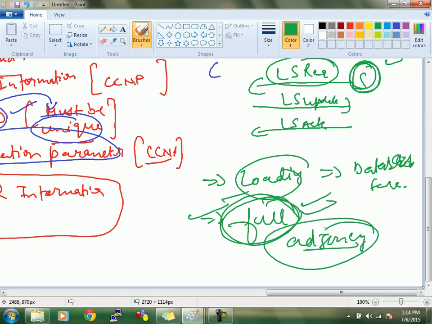Now, from this database table that routers have exchanged, what they will run?